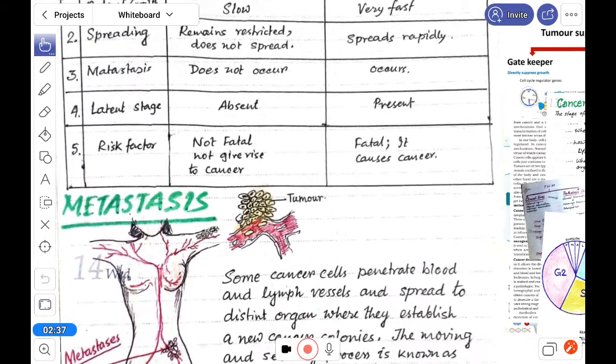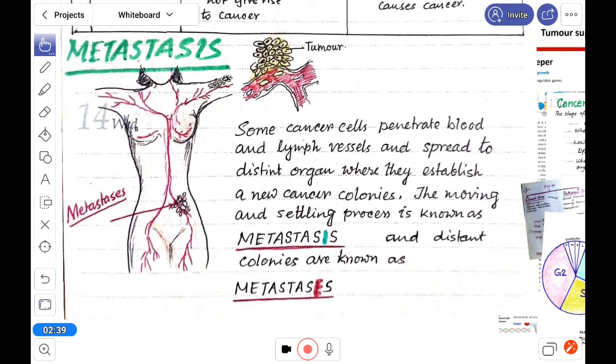Now come to metastasis. Metastasis, what is it? Some cancer cells penetrate blood and lymph vessels and spread to distant organs, where they become established and form new cancer colonies.